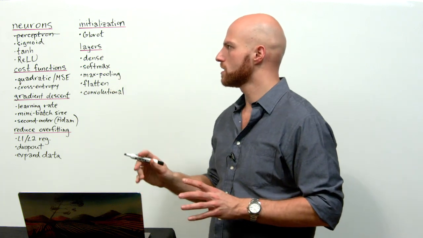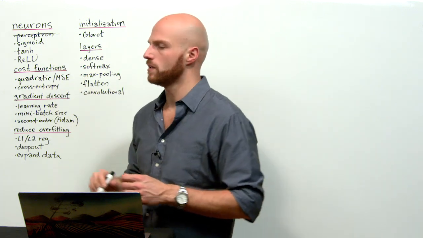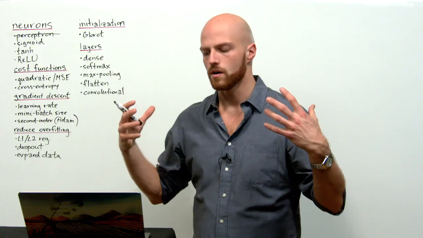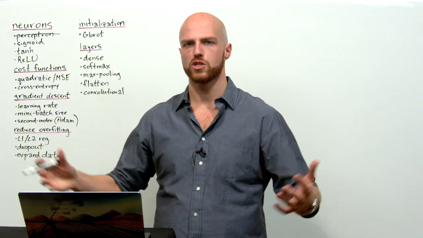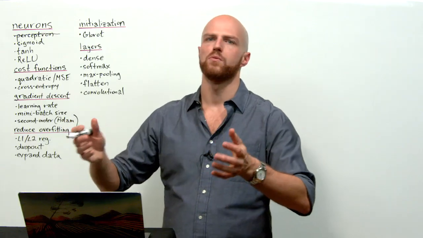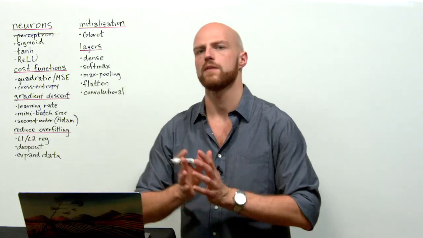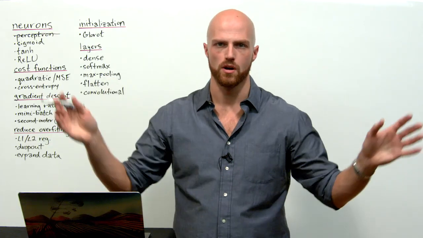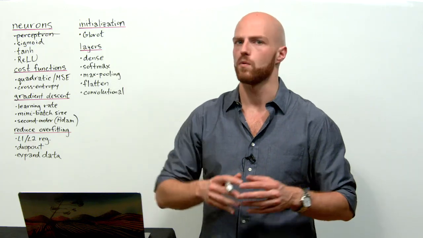Sigmoid neurons, tangent neurons, and rectified linear units are types of activation functions that alter the output of a neuron before that information is passed along to neurons elsewhere in the network or to the output.